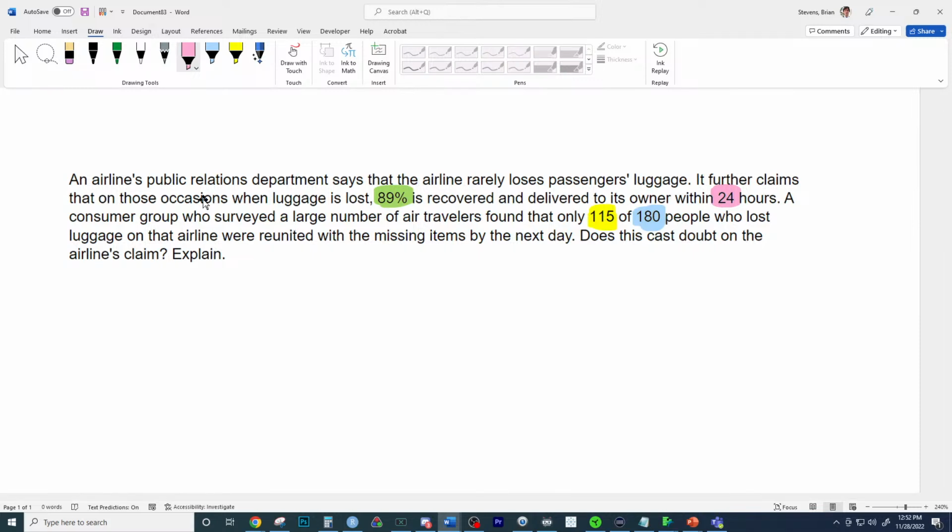Notation, brother. So what is any of this notation in this problem? An airline company claims 89% of luggage that is lost is recovered and delivered to its owner within 24 hours. So what is any of this notation? It is a tricky one.